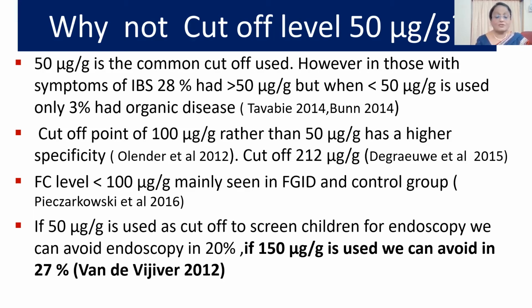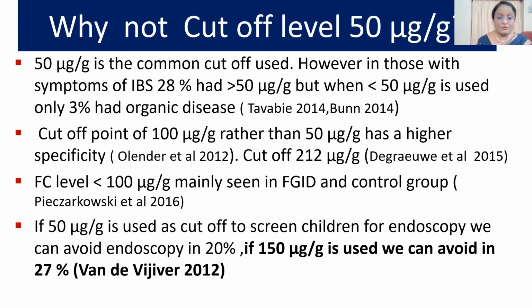A cutoff of 100 microgram per gram rather than 50 has a higher specificity, and this was reported by Olander in 2012, but another person has said 2012 may be a better cutoff. So an FC level less than 100 microgram per gram is mainly seen in the FGID and the control group.